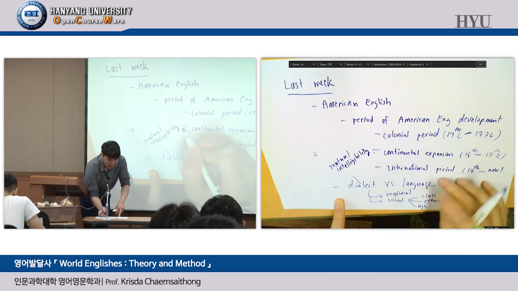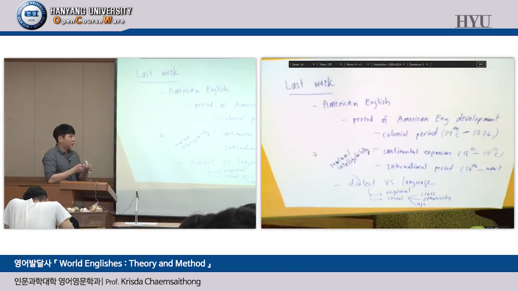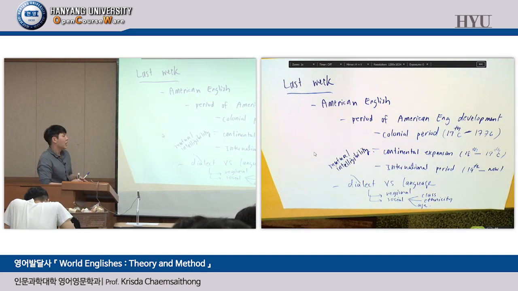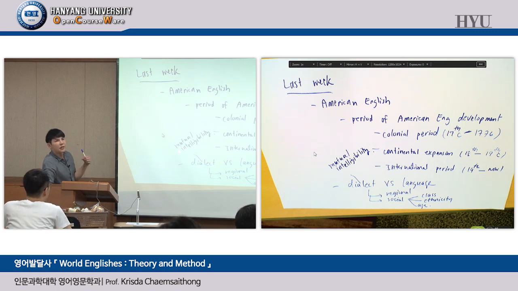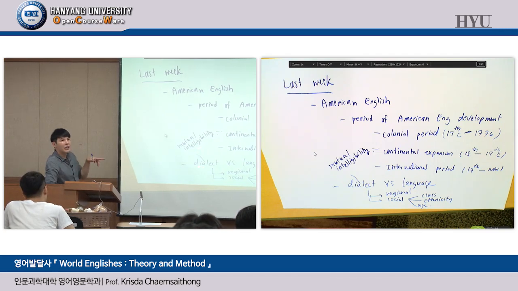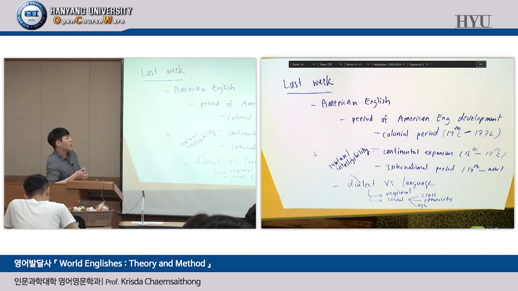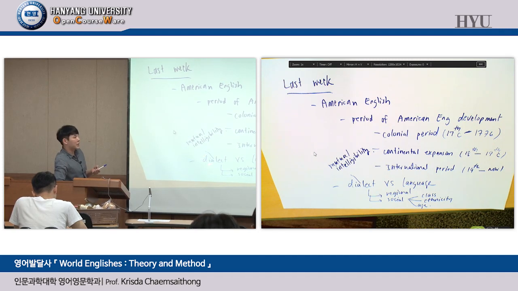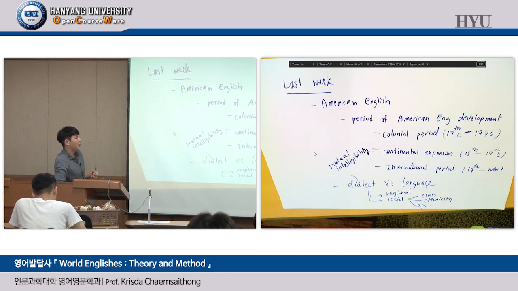In other words, if people who interact with each other can mutually understand each other, if there's mutual intelligibility, then we say that they speak 2 dialects of the same language, even if their speech is different.